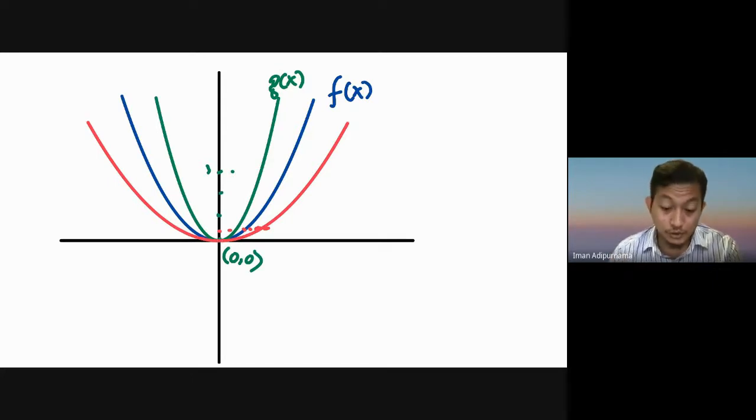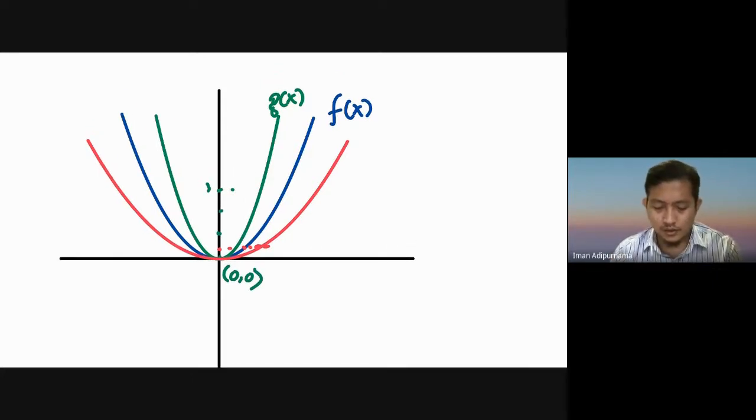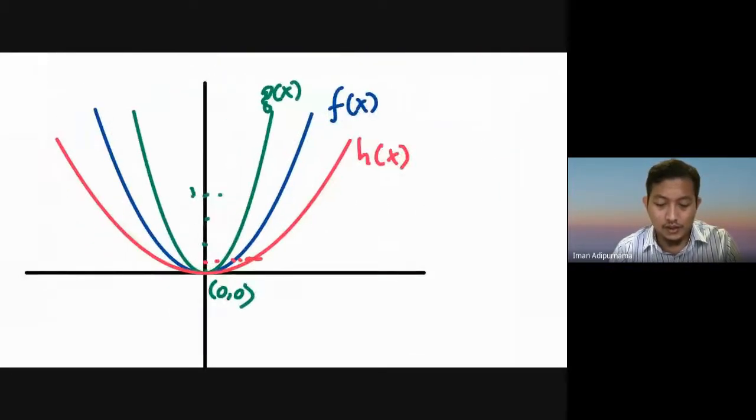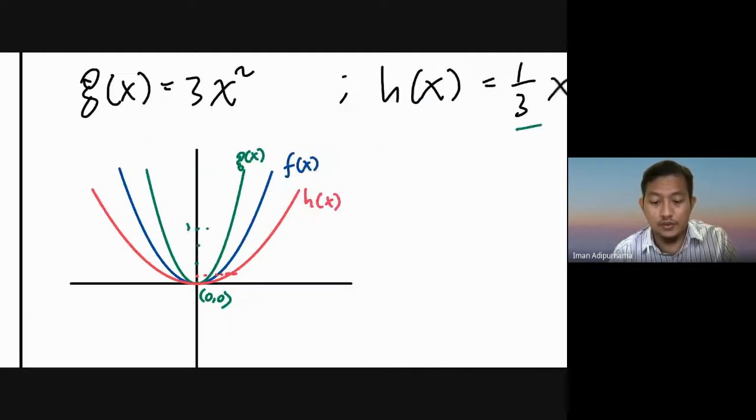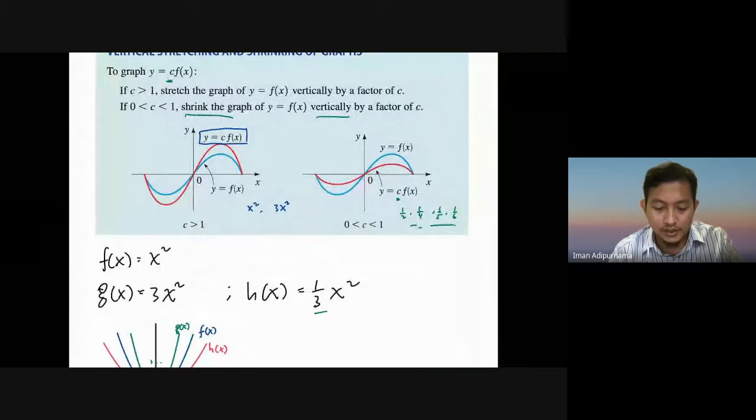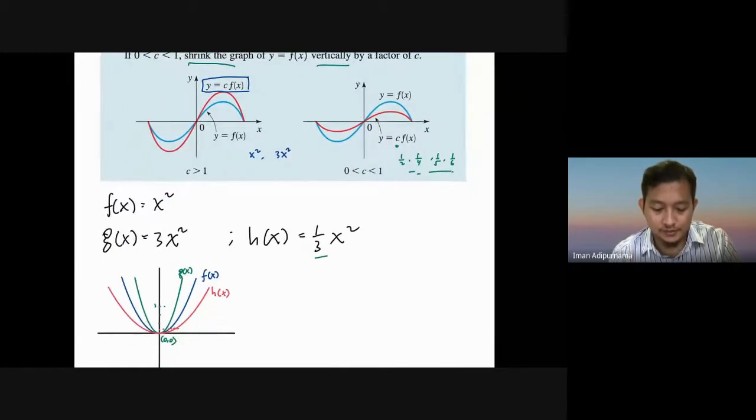Maybe it's not proportionally good visuals, but I hope you can see that it makes the original function a little bit flat, like from f stretching to be g, and flattened for h.